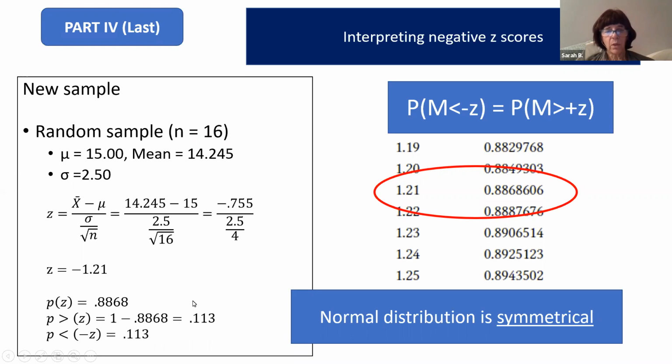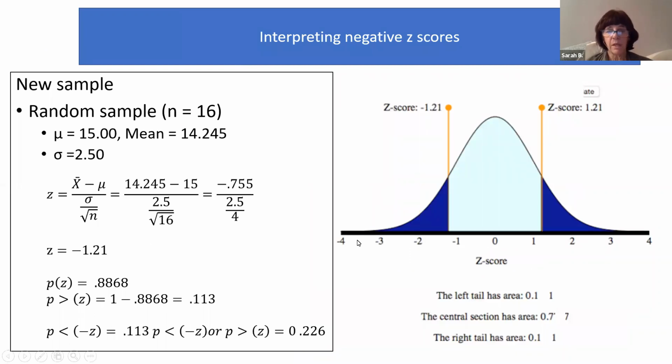So 0.113, or 11.3% of the population, would be expected to be above positive 1.21. But our question is, what is below negative 1.21? And that is exactly the same, because the distribution is symmetrical. The proportion in one tail above a corresponding value is going to be the same as the proportion in the other tail below the corresponding value.